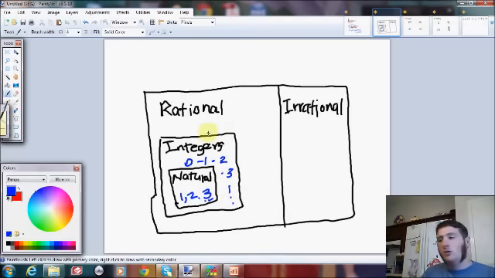And then rational, you can't list. You can't list the rational numbers because between any two numbers, there's going to be a new rational number.